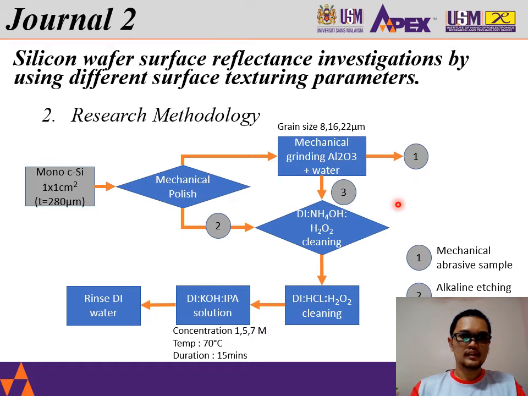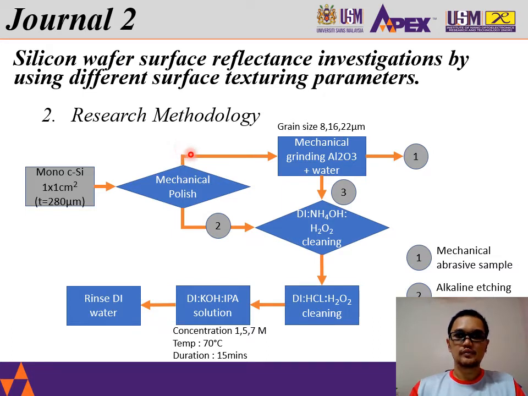Okay, next slide. Let's look at the research methodology for Journal 2, which starts with material preparation of monocrystalline silicon, size 1 times 1 cm squared, thickness 280 micrometers, and goes to a mechanical polish process, then splits into two. As I mentioned earlier, in this research they evaluated three types of different techniques.